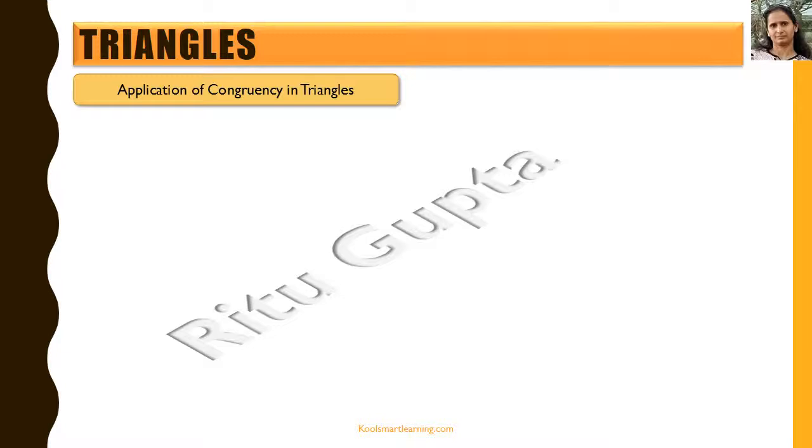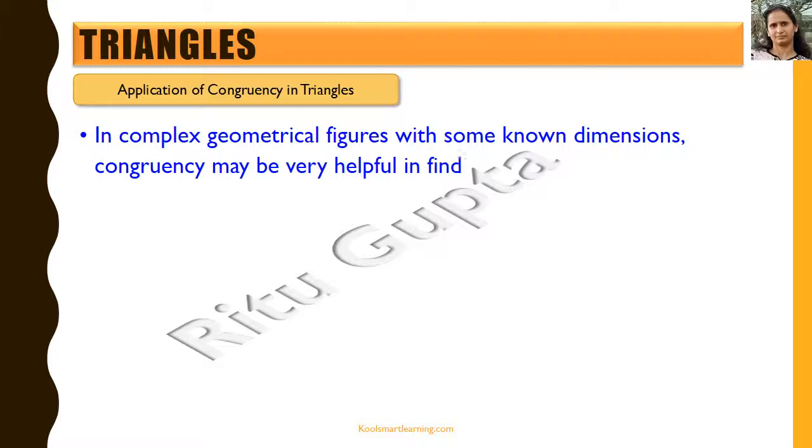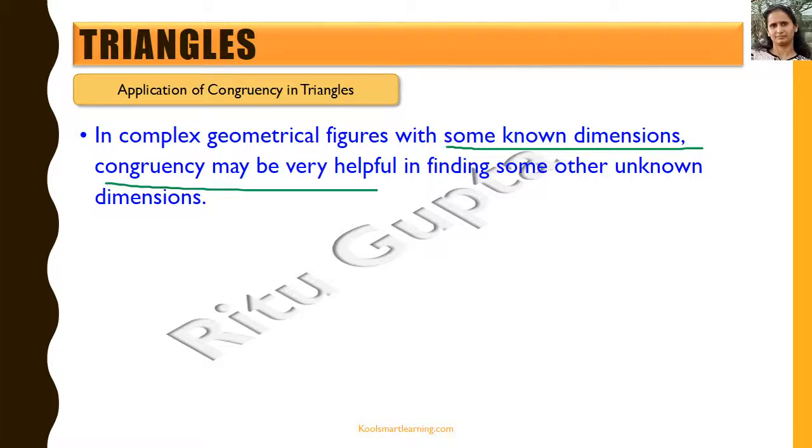So friends, now that we've discussed congruency in general and congruency in triangles specifically, let's try to see where it is used, what is the application of this congruency in triangles. We'll try to understand with the help of an example. Now in complex geometrical figures with some known dimensions, congruency may be very helpful in finding some other unknown dimensions.